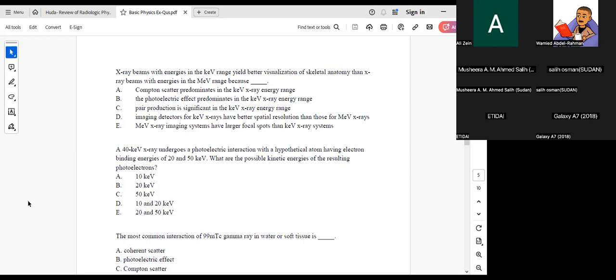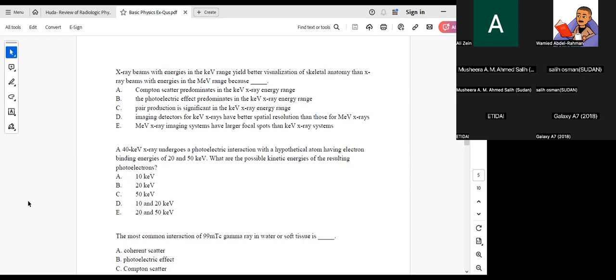A 40 keV X-ray undergoes a photoelectric interaction with a hypothetical atom having electron binding energies of 20 and 50 keV. What are the possible kinetic energies of the resulting photoelectrons? If the binding energy is 50 keV, then the X-ray cannot knock out that electron.